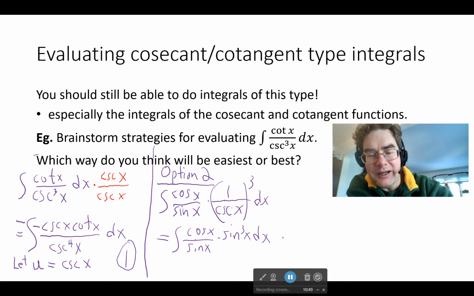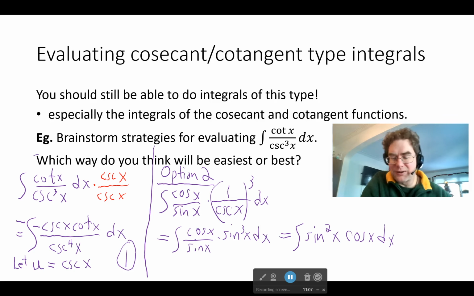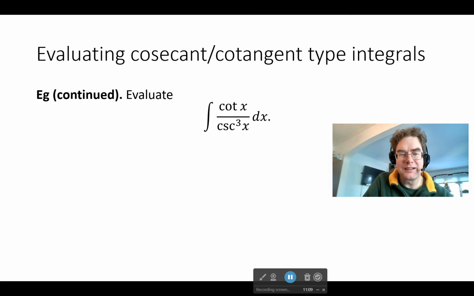Actually, let's rewrite it one more time, because you've probably been screaming at the screen to do this anyway. We can cancel sine from the numerator and denominator and just have sine squared x times cosine x dx. Okay, now for more space, let's go to the next slide.